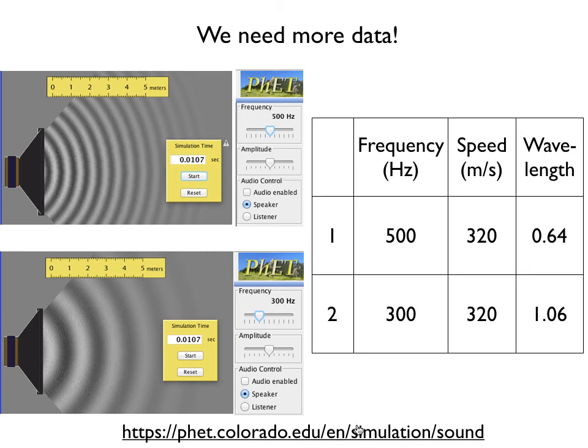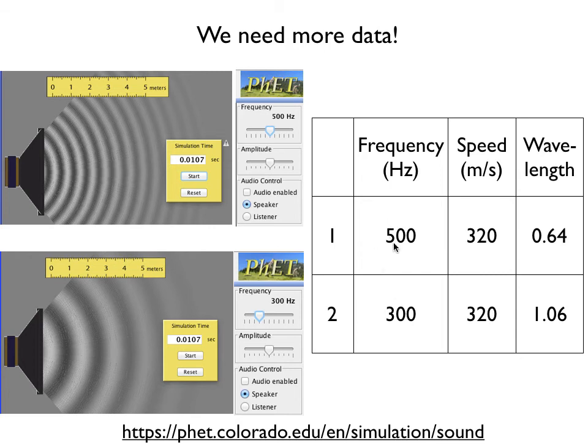At this point, I'll send my students over to one of these PhET simulators. I don't know if you've ever played with them, but they're pretty amazing. You can adjust the frequency, adjust the amplitude, and get out a ruler and look at wavelengths. Get a stopwatch in there and figure out how quickly things move through here. In this particular case, you can see our waves are traveling in both cases at 320 meters per second.